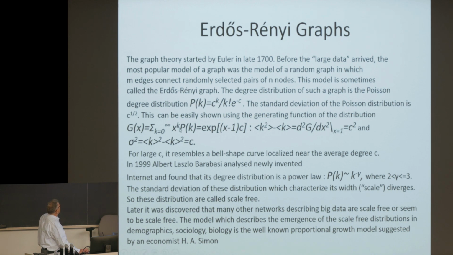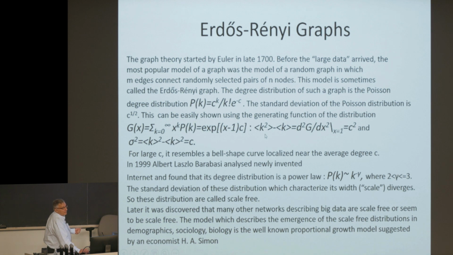Basically, it's just an artificial construct so that the probabilities serve as Taylor coefficients of a certain function. You just multiply p of k by x to the k, and very simple algebra tells you that the result is just exponent of c times (x minus 1).